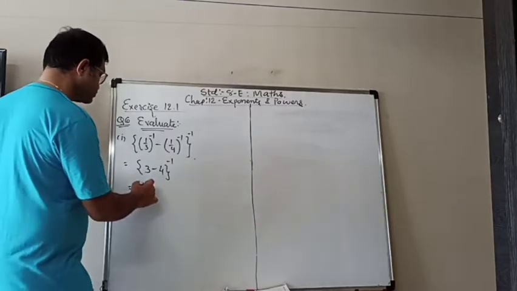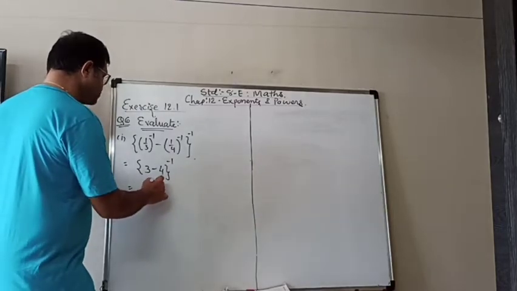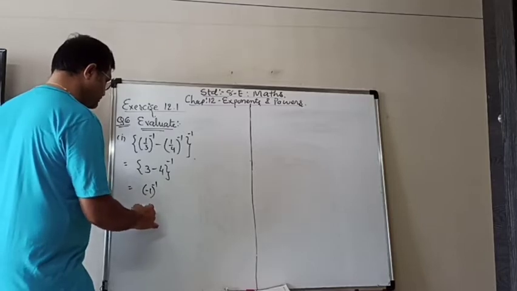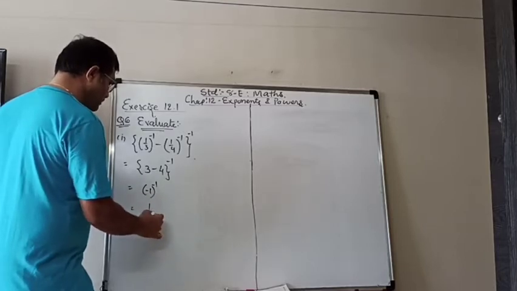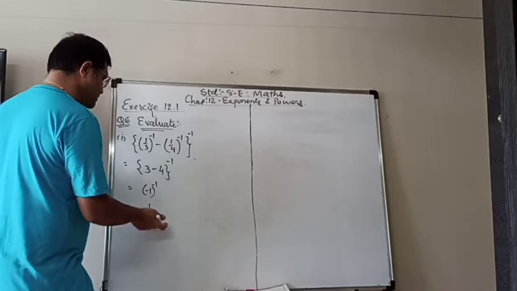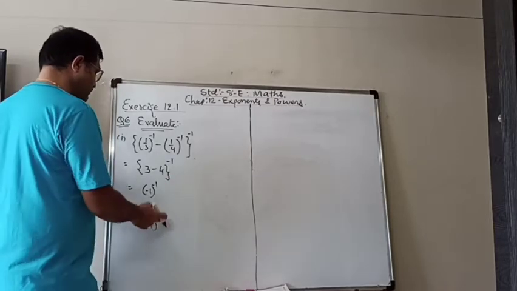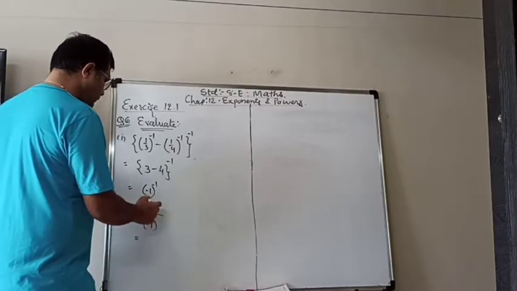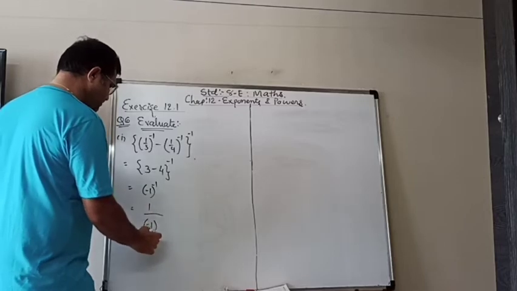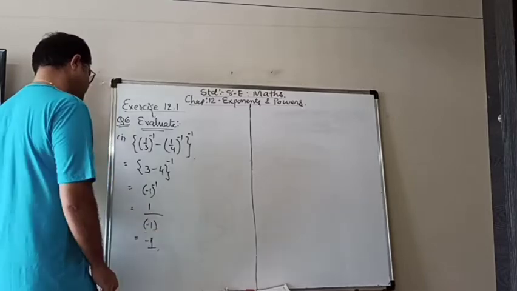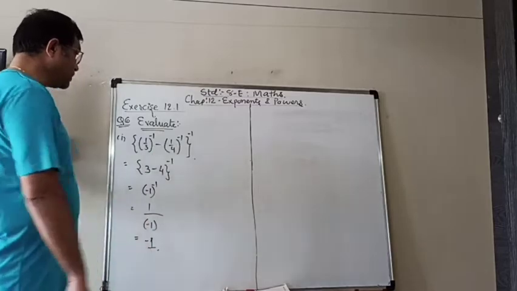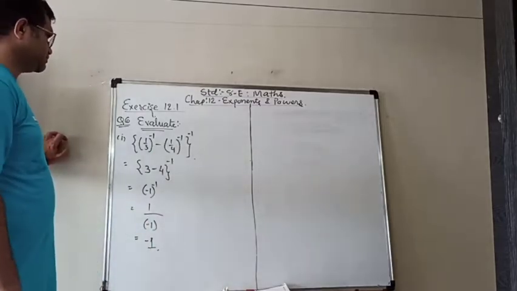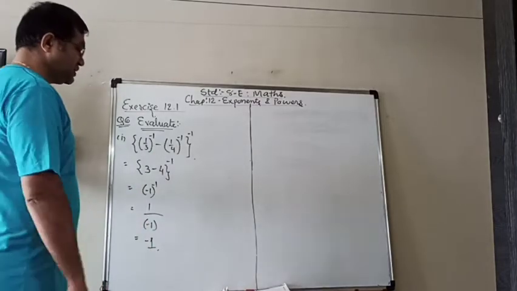Minus 1. Minus 1 raised to power minus 1. But when it goes to the base, it becomes a positive power. Now 1 upon minus 1, the answer is minus 1. So it looks like a big number, but the answer is very, very simple here.